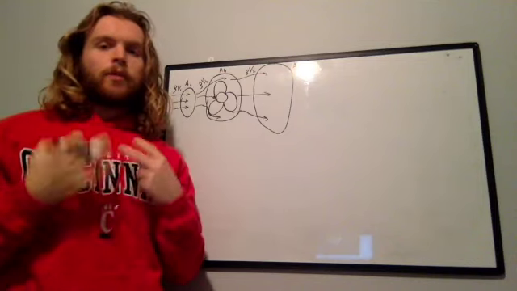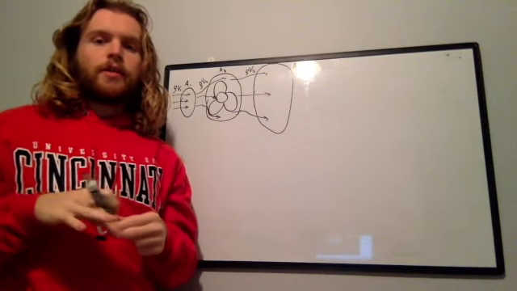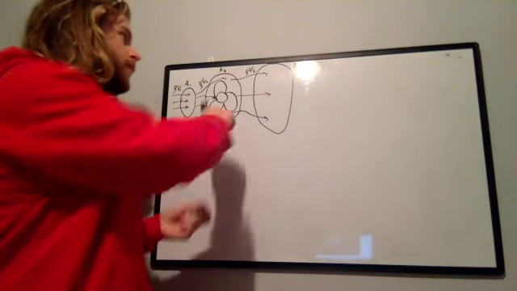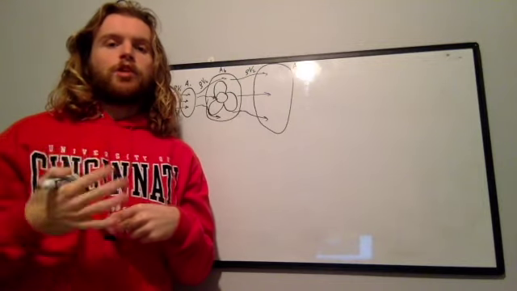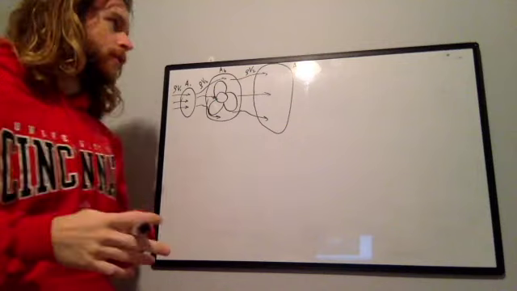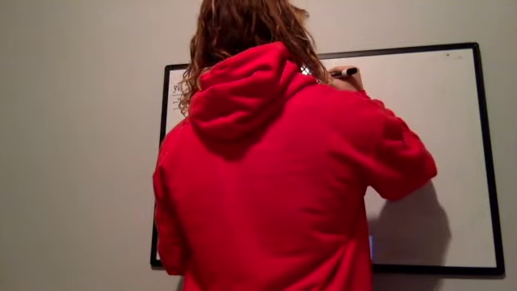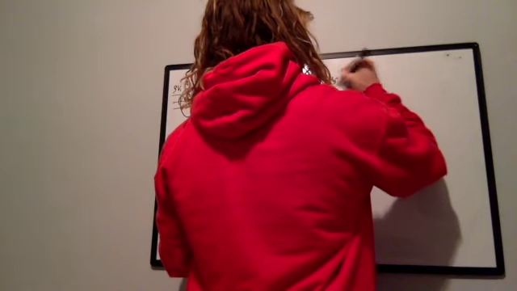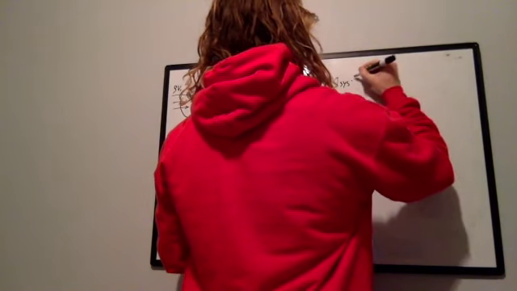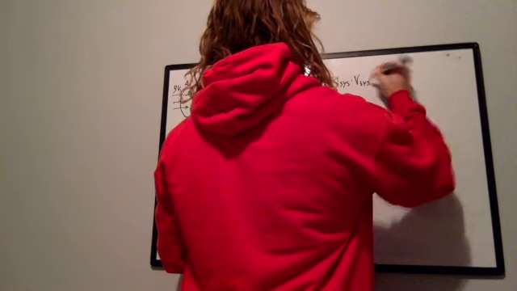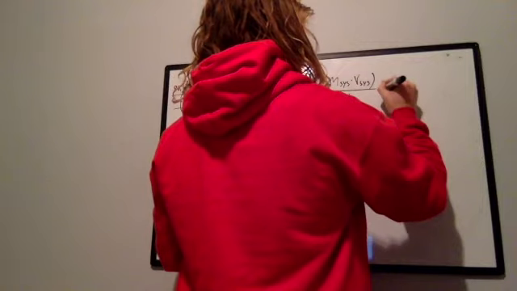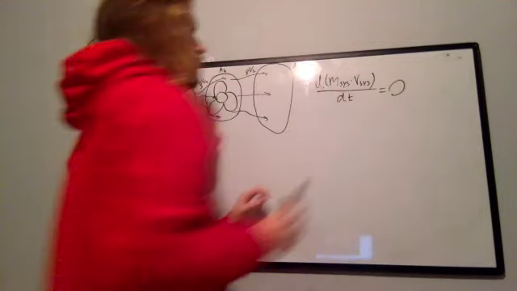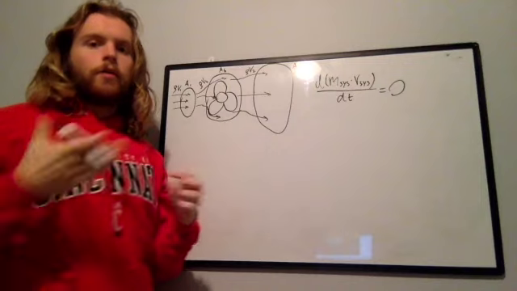And our momentum equation is, again, mass times velocity. So when momentum is conserved, that means that the change in momentum over the change in time is going to be equal to 0. All right, so we'll go ahead and write that out. So the derivative of the mass of the system multiplied by the velocity of the system over dt is going to be equal to 0, because momentum is going to be conserved throughout this process.